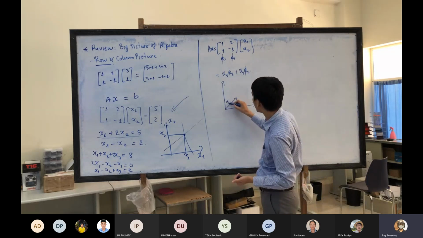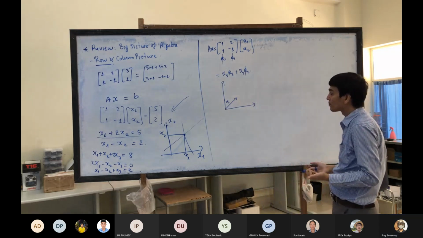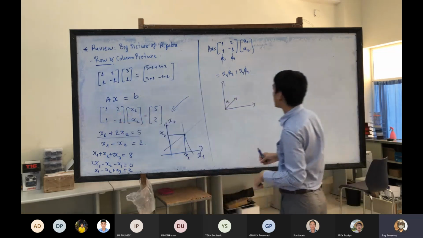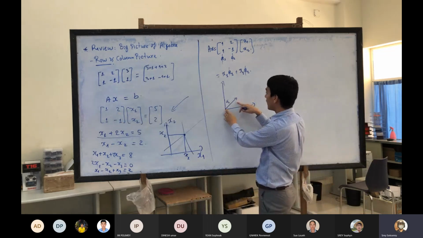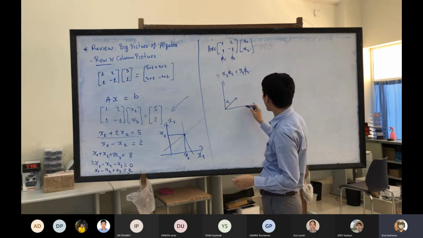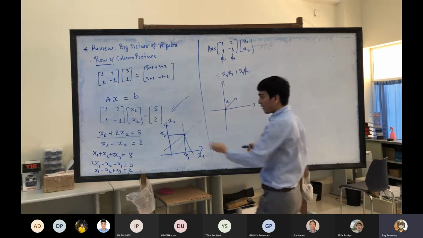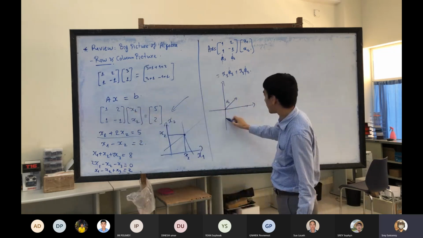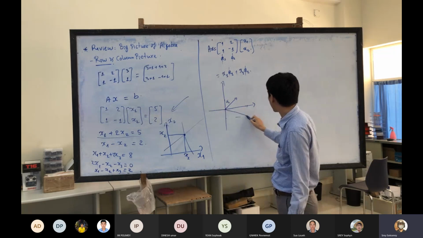This is A1, and A2 is 2, minus 1. So 2 units from here and minus 1 is here. So it's supposed to be here. This is A2.